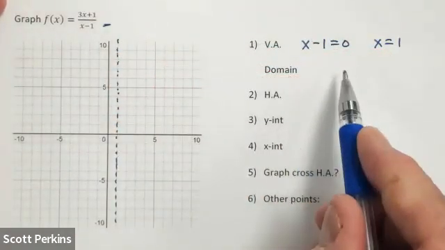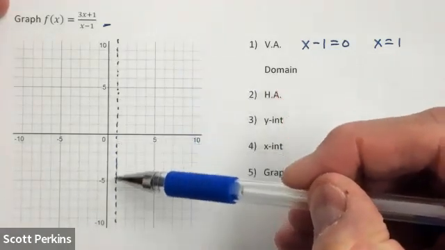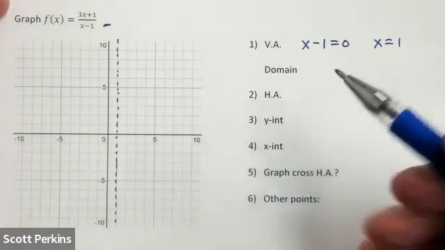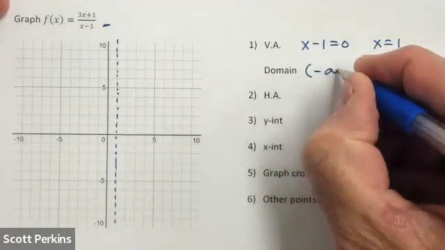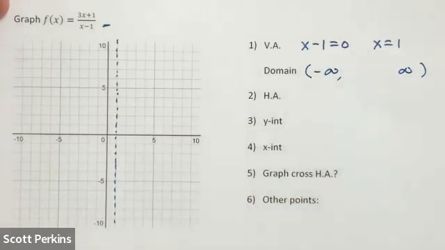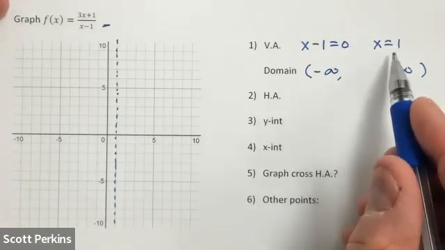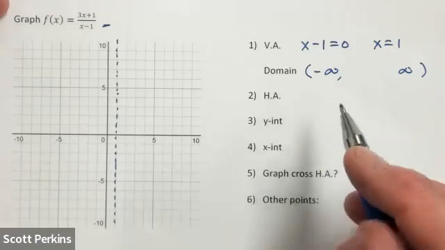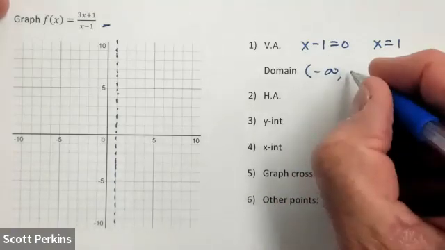As a sub-question of that, since we have the vertical asymptote and we know our graph will never go through this vertical line right here, that allows me to define the domain. So the domain starts off as negative infinity all the way to positive infinity. But now I have to notate that I'm skipping over this value 1 that we just found. And so the way we do that in interval notation is we say, okay, my domain is going from negative infinity to 1.